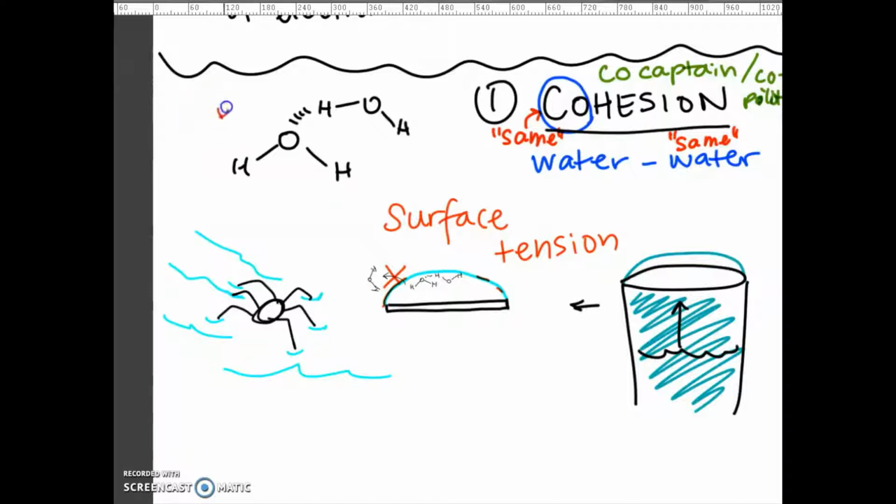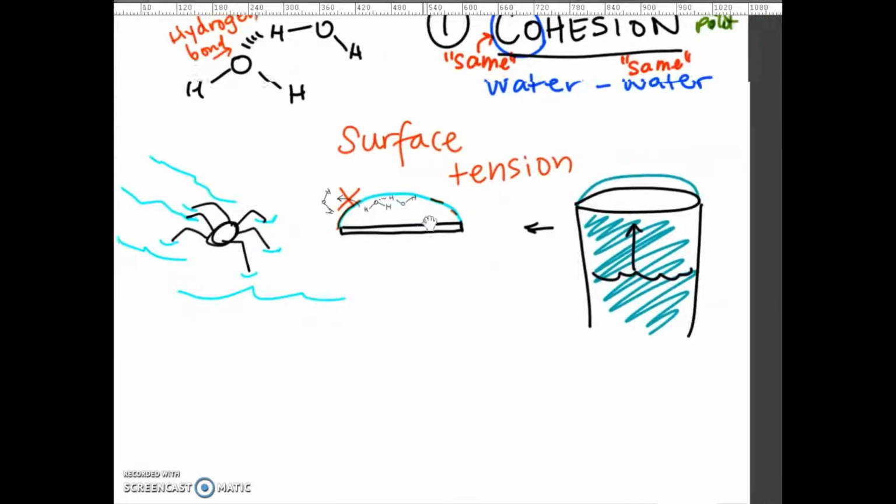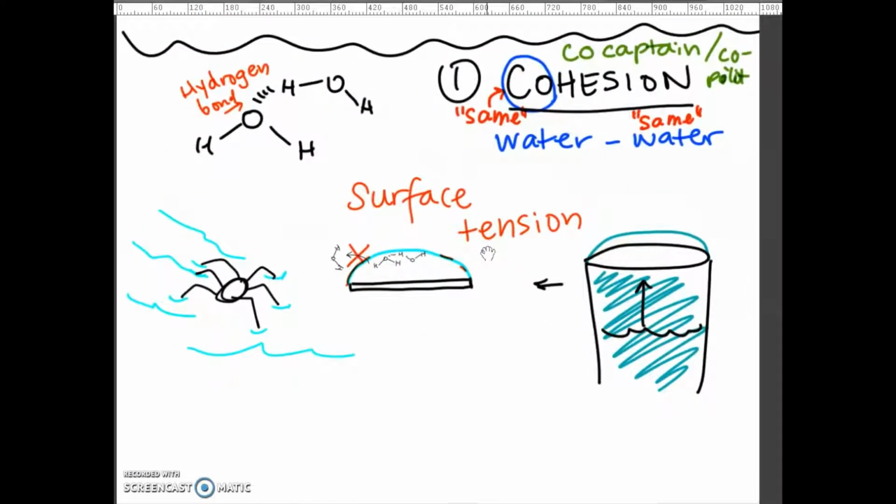So remember, this is your hydrogen bond holding them together. Okay, so this is cohesion, when water sticks to other water molecules that create a very tight surface that cannot be very easily broken by small interference forces.